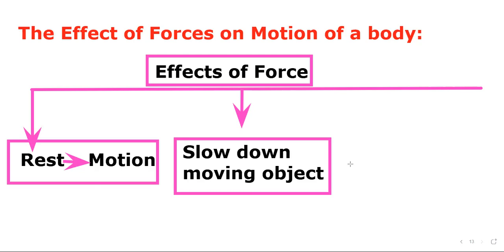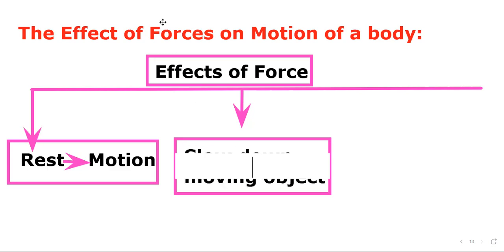The second case is, if the object is already in a state of motion, it can slow down the speed of a moving object, and it can also speed up, not only slow down, it can speed up as well.